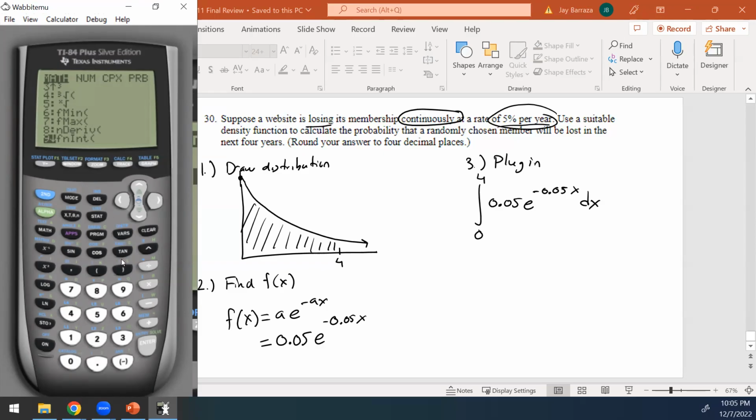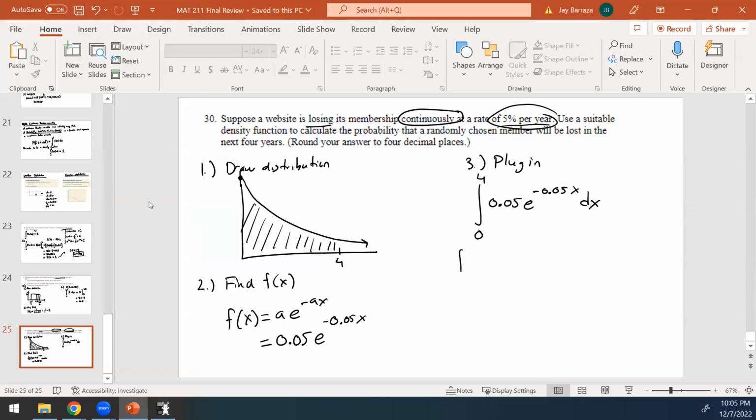So you're going to press fnInt, and then we're going to go from 0 to 4. Now, if you're wondering, hey, mine doesn't look like that, it looks like this instead, maybe you have an old 83. Well, then you're going to type in the function first, so f of x. Then you type in the letter x. Then you type in a and b. So that goes right here.